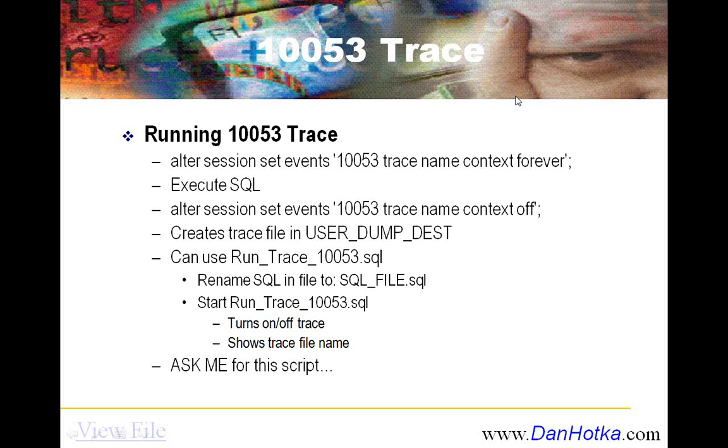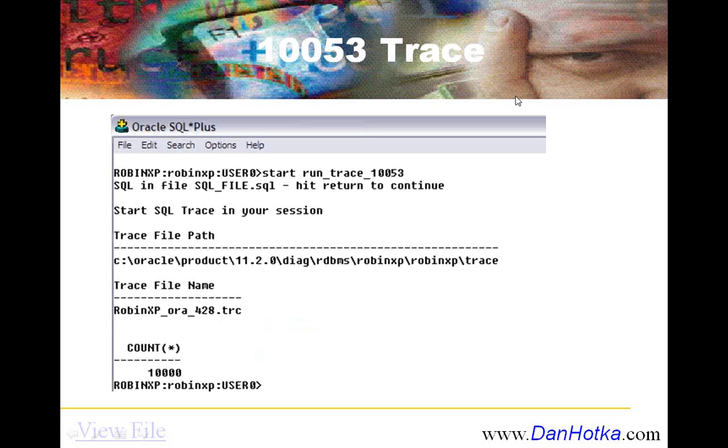So this run trace 10053 script is kind of nice. What this does is you put your SQL statement into a file called SQL file, okay, and then in SQL*Plus, you just do a start run trace 10053. It turns the trace on and off and gives you the trace file name. This is what it looks like.